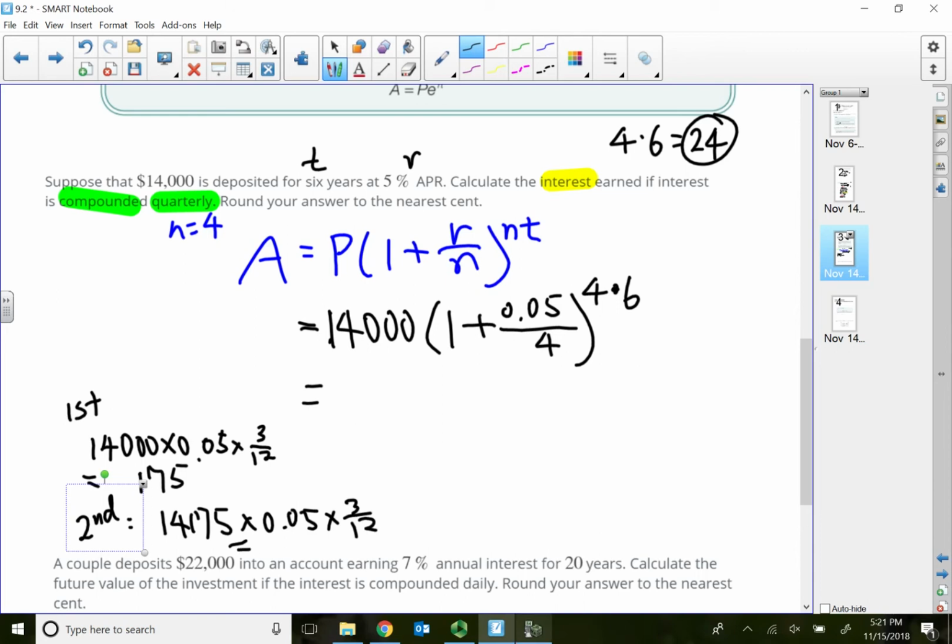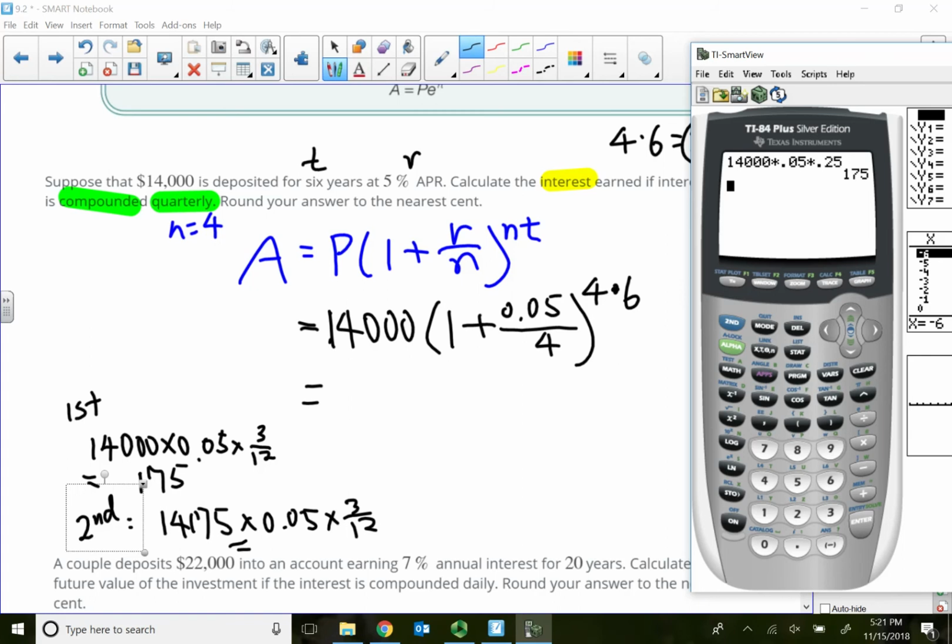At the end of the second time, I'm calculating my interest. See, I'm using 14,175 rather than just 14,000 now. So the second time, the interest will be slightly higher, which will earn me 177.19.